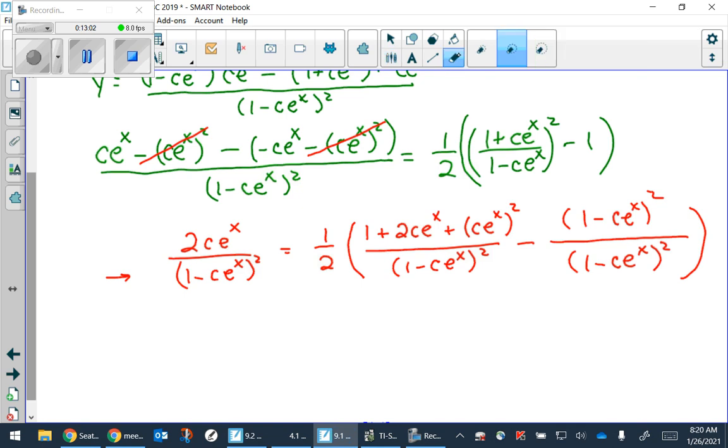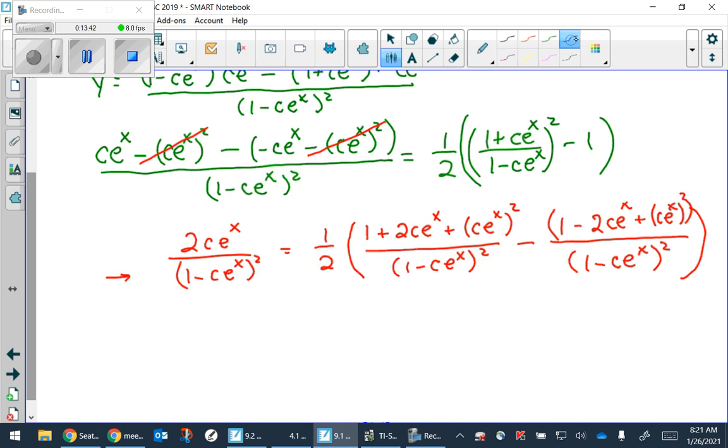However, what I'm going to do on top is multiply that out. So I'm going to get a 1, minus 2c e to the x, plus (c e to the x) squared.